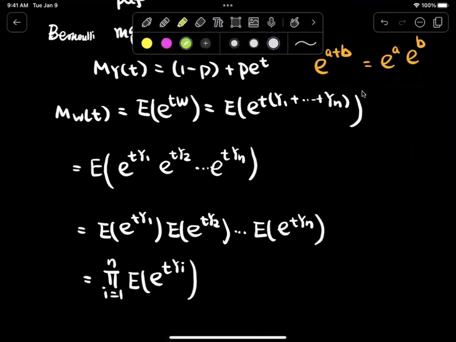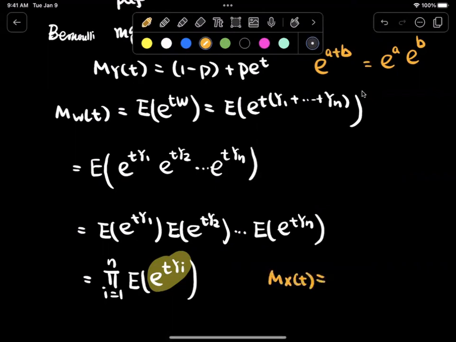And let's take a look. What exactly is this? Let's recall for a moment, the MGF of a random variable x is defined as the expectation of e to the power of tx. So right here, what I have is the expectation of e to the power of t times a random variable.